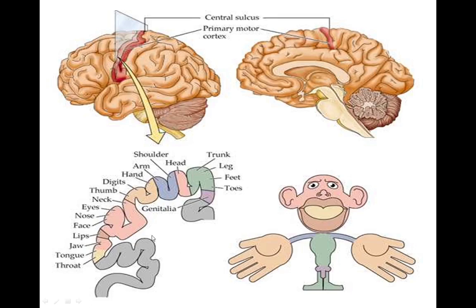Clear? And they're going to control the functions of the face. So when you look at the motor homunculus, the human structure is represented in this way. This is how the primary motor cortex looks at the human body. Understand? This is how the human body appears to the primary motor cortex.